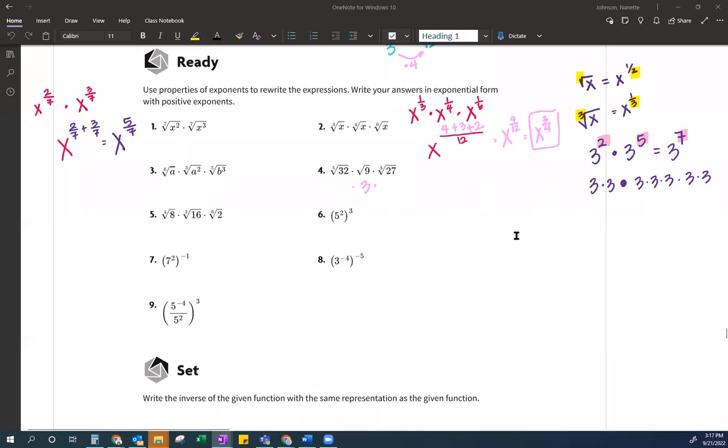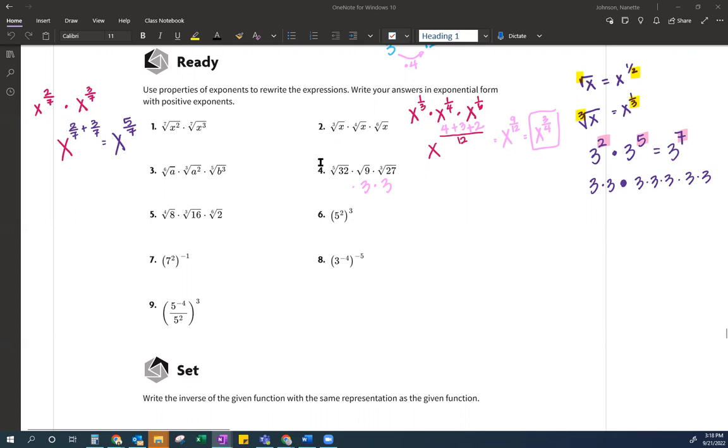So I just start trying numbers. If you don't know your perfect cubes, that's what they're called. 1 times 1 times 1 is 1. 2 times 2 times 2 is 8. 3 times 3 is 9 times 3 is 27. Oh, there you go. So the cube root of 27 is 3.